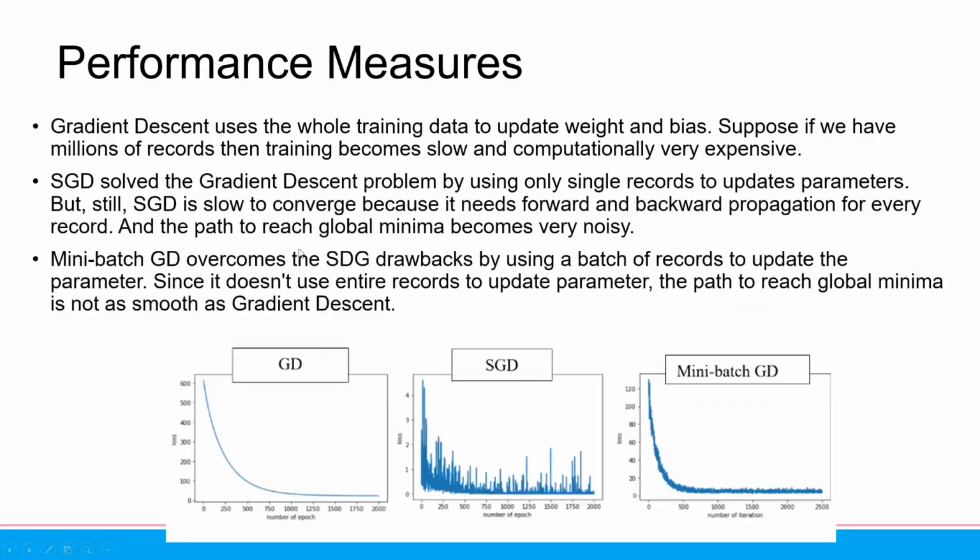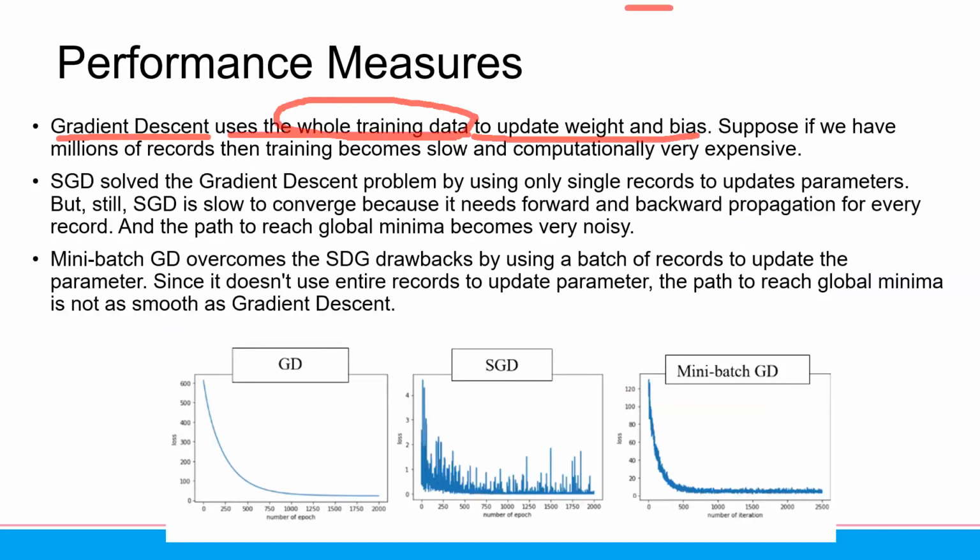Gradient descent. What is the meaning of gradient descent? It uses the whole training data to update weight and bias. Okay, the keyword is the whole training data.